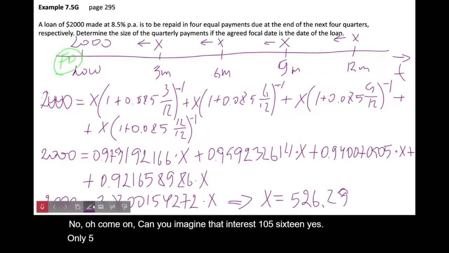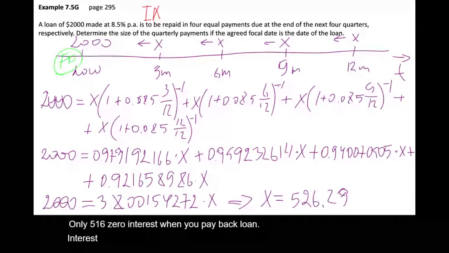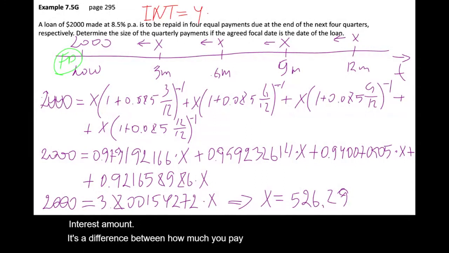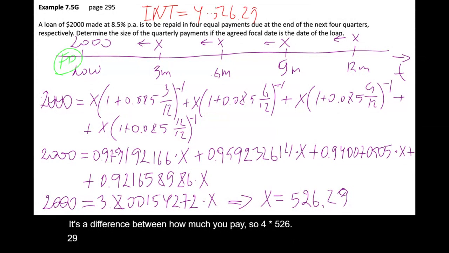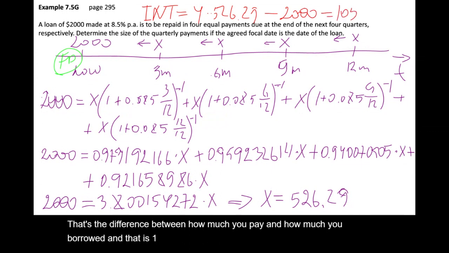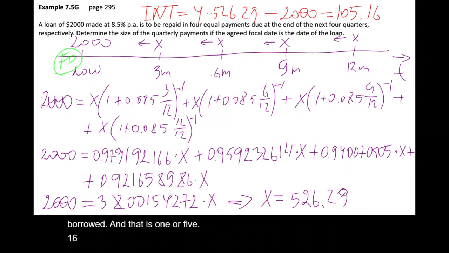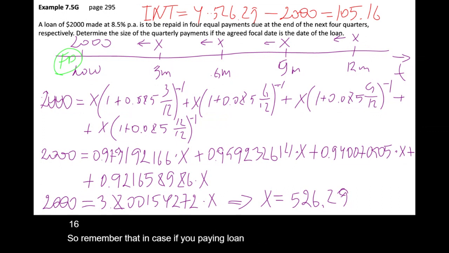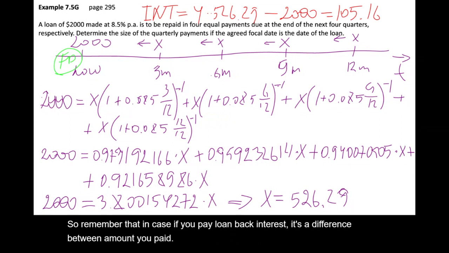When you pay back a loan, interest is the difference between how much you pay, 4 times 526.29, and how much you borrowed. And that is 105.16. So remember that when paying a loan back, interest is the difference between the amount you paid and the amount you borrowed.